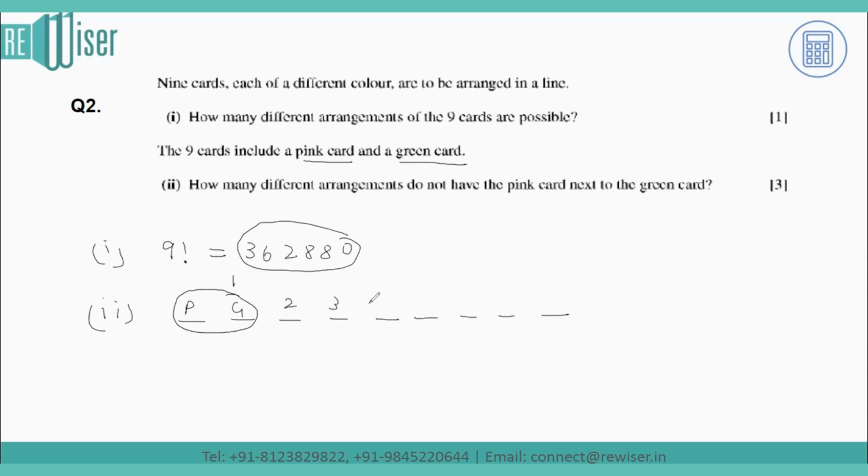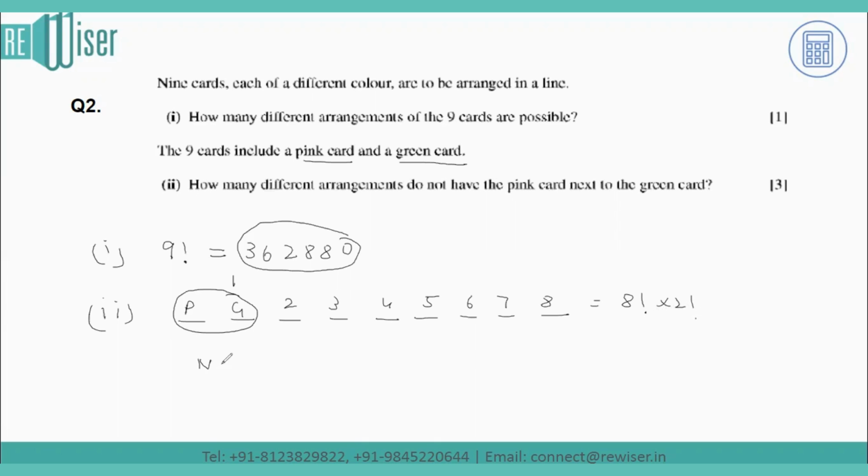So we can name the other spaces. Now these can be arranged in 8 factorial ways, and the green card and pink card can also arrange themselves among themselves in a group in 2 factorial ways. So these are the number of ways the green card and pink card are together.